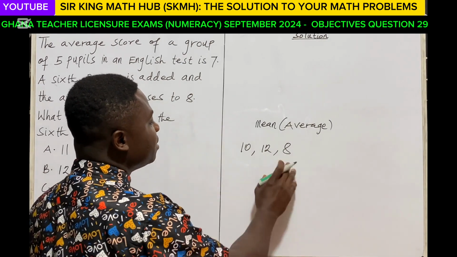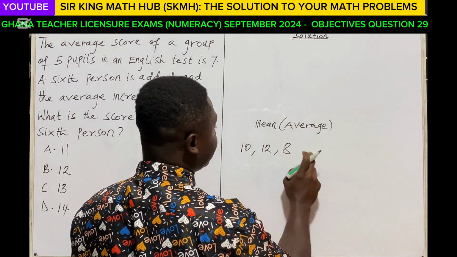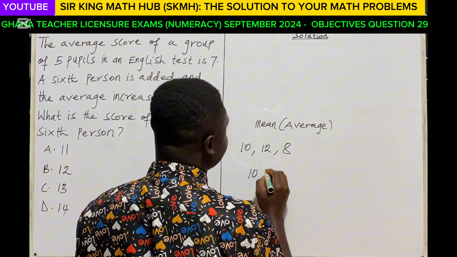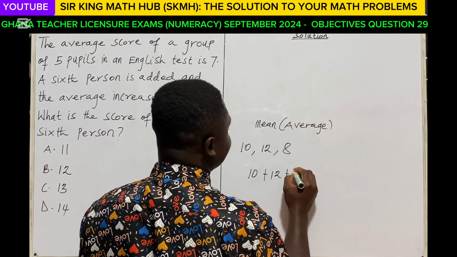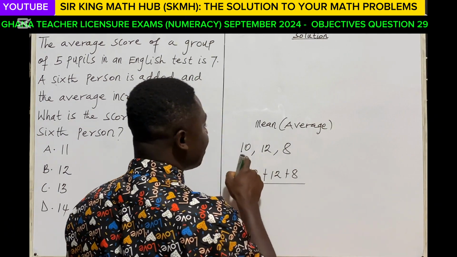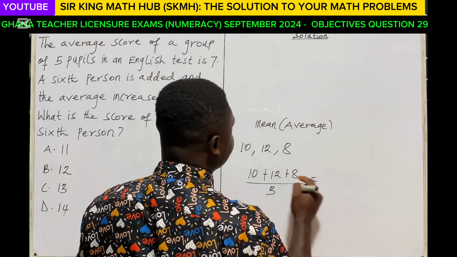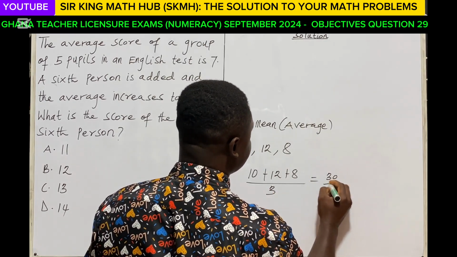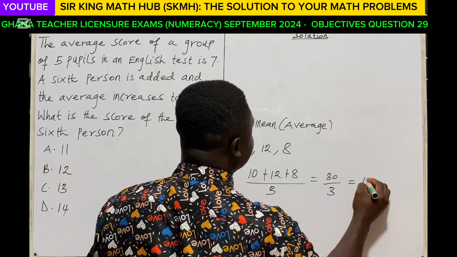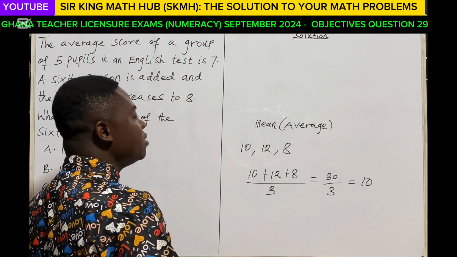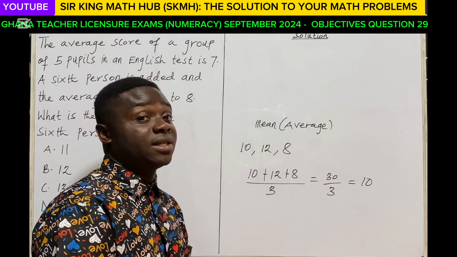So to calculate the mean, we need to add up these 3 numbers. So that is 10 plus 12 plus 8. Then we divide by 3 because we have 3 numbers. So we have 30 divided by 3, and that is 10. So the mean or the average of these 3 numbers is 10.